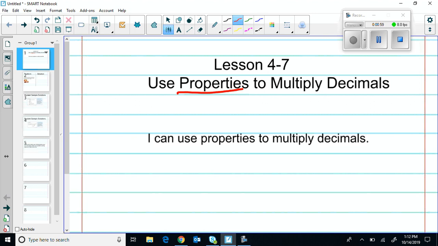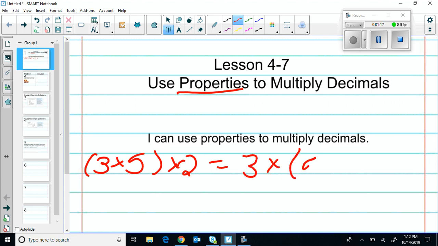I want to review them a little bit. The associative property is the grouping property. It just means you can change the grouping, but your answer will stay the same. The commutative property is like the switcheroo property.